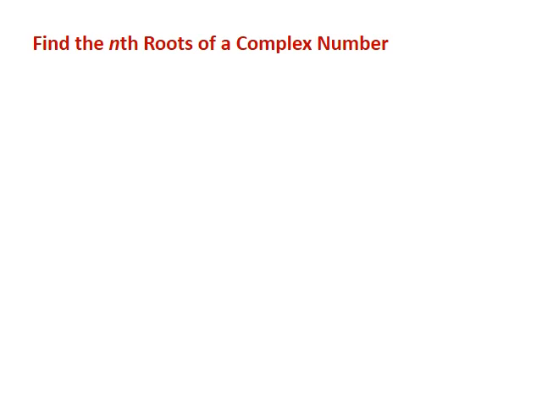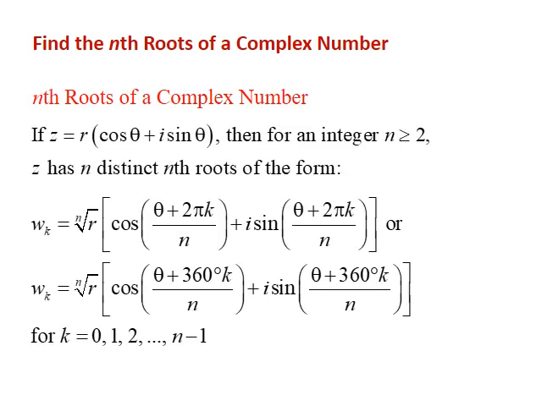Okay, well, sometimes we want to find powers of complex numbers, and we also want to find nth roots of complex numbers. So here's what I mean. Again, if I have a complex number, then z will have n distinct nth roots, which are found here.